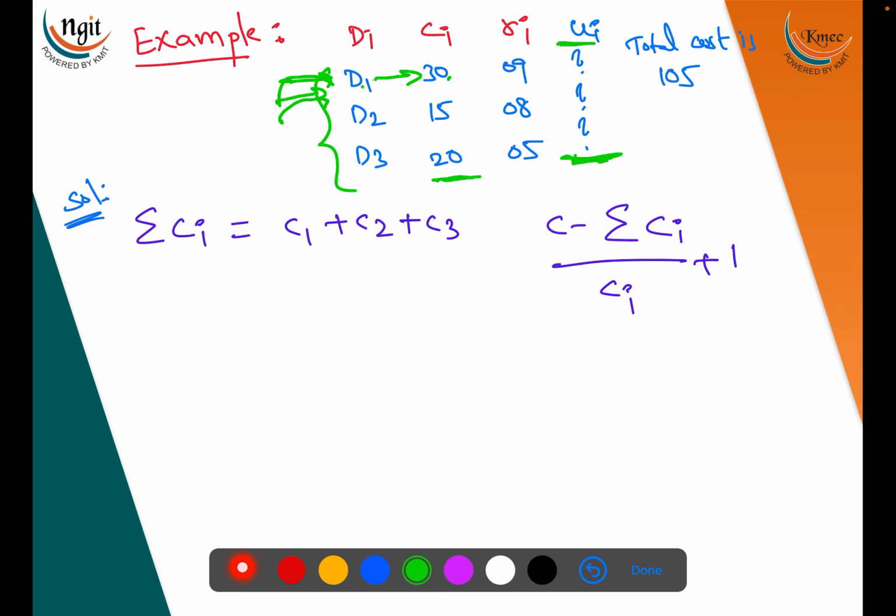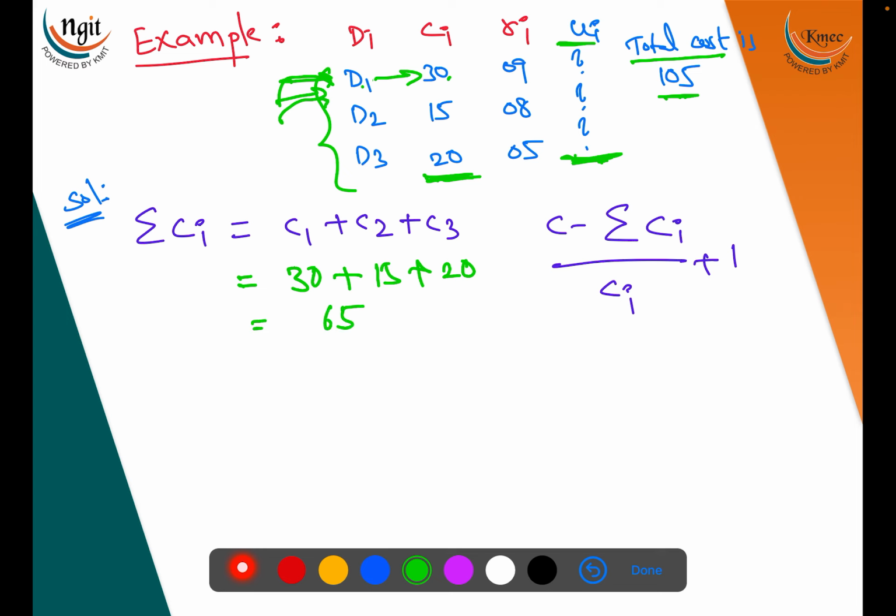We were given a total cost, which is 105. The total cost of the given devices is the sum of Ci, which is C1 plus C2 plus C3. That means C1 is 30, C2 is 15, C3 is 20. Total 65 is the cost.